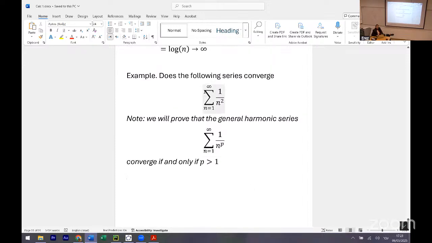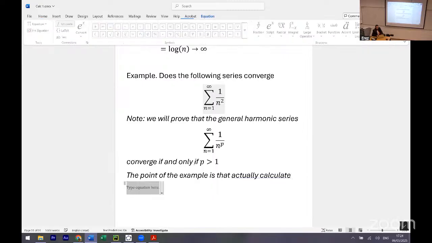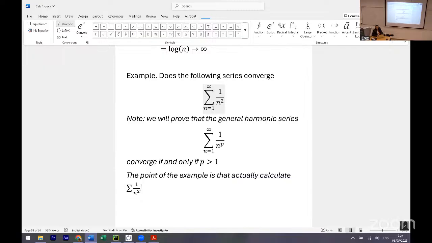So the point of the example is that actually calculating the sum of 1 over n squared is quite hard.